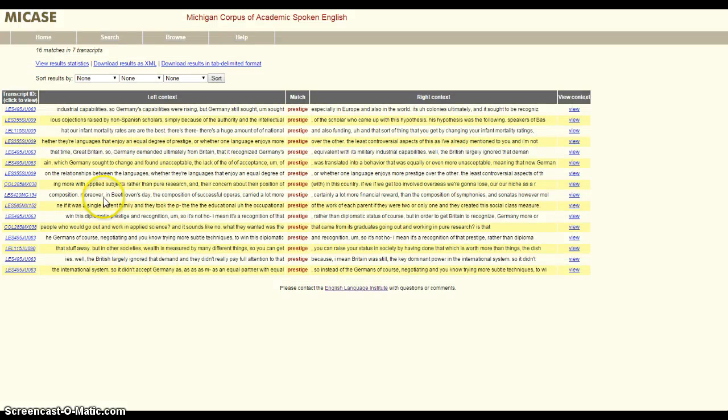Now look at this example. There are languages that enjoy an equal degree of prestige. So in other words, the languages are all equally respected or admired. Okay? Or whether one language enjoys more prestige.